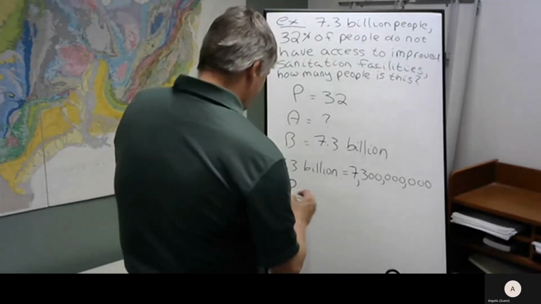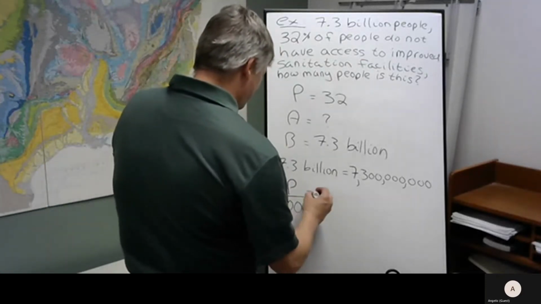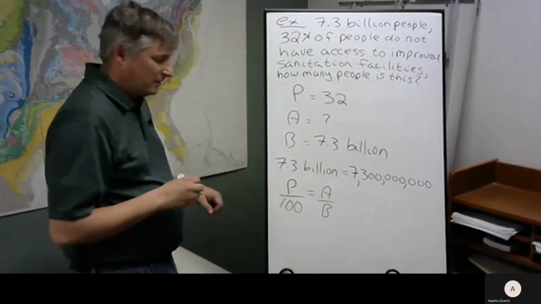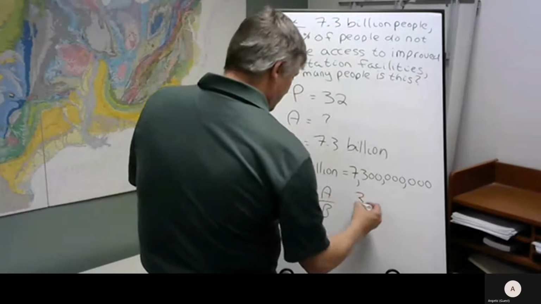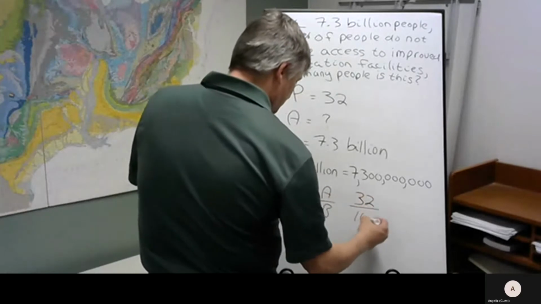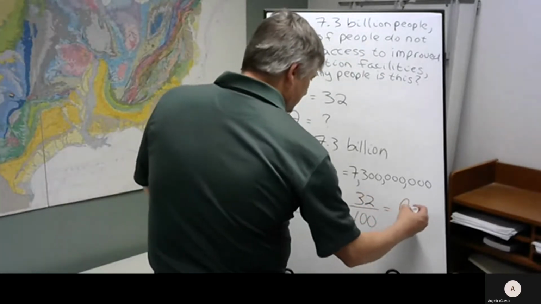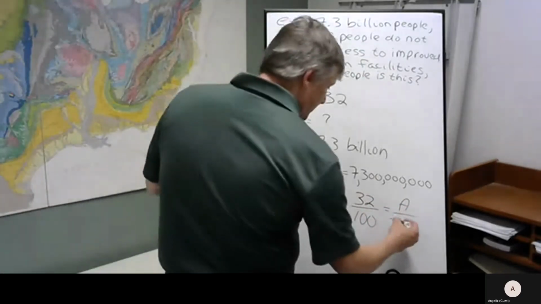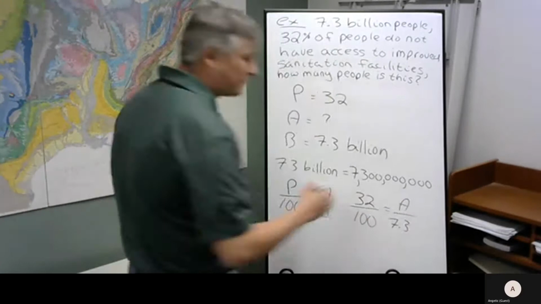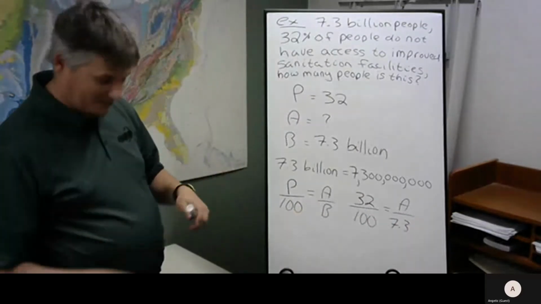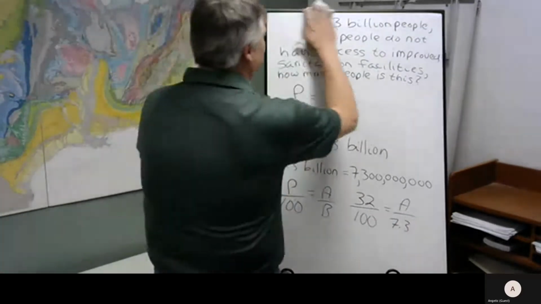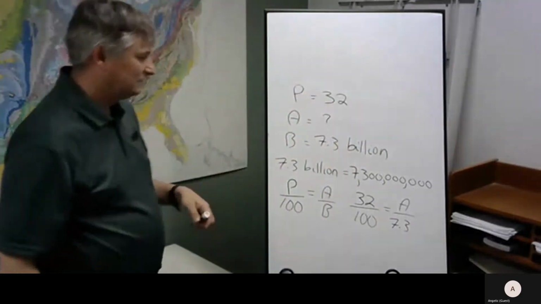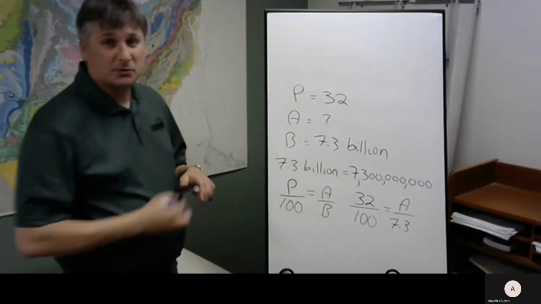So we have percent over 100, amount over base. So the percent, 32. The amount we don't know, but the base will go with 7.3. And just remember, the amount is going to be in billions. So again, we're going to cross multiply.